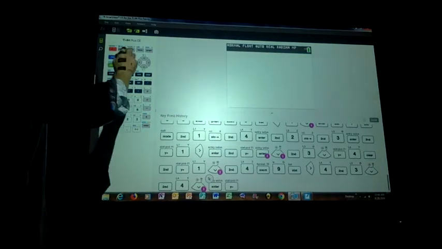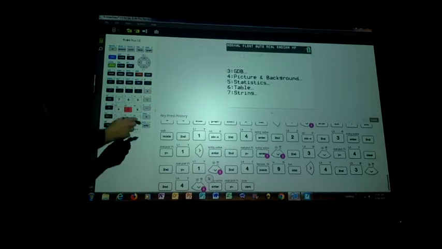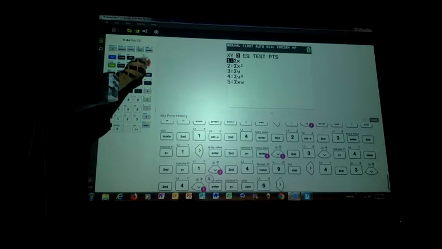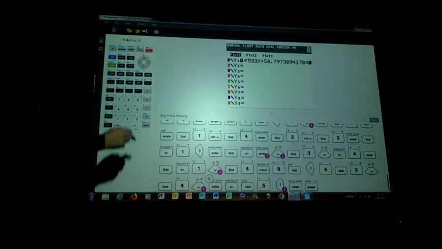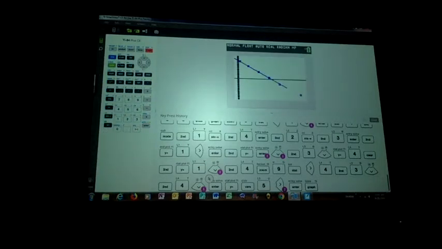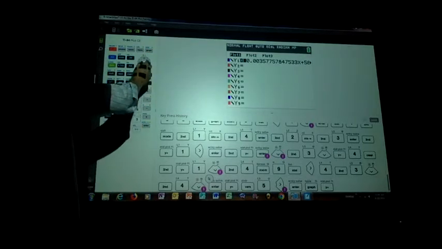Y equals, let me clear this out, it's not there. All right, stats, equation, regression, there, graph. So being I switched my stuff, now my temperature is on the y-axis. What did my y component mean?